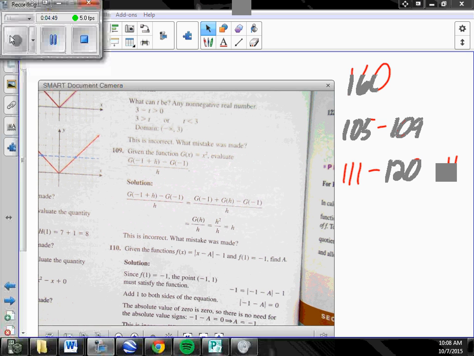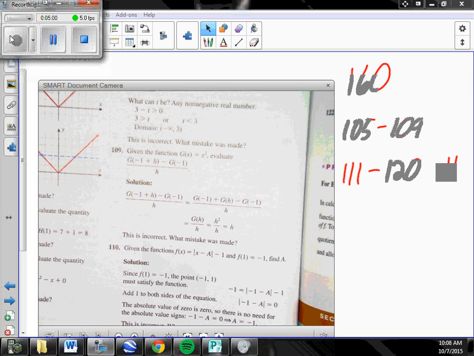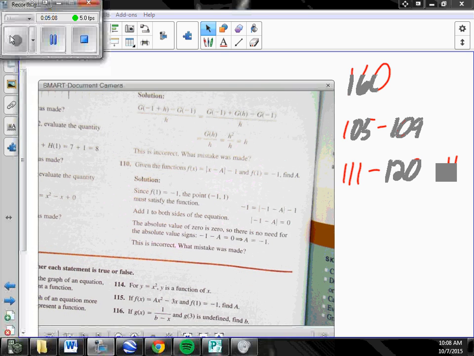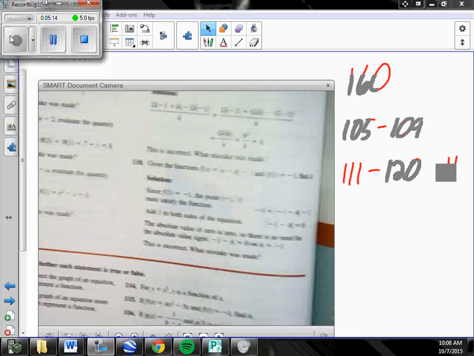What's the mistake on 109? It's the same mistake they made on 107. You cannot split g of negative 1 plus h into g of negative 1 and g of h. 110, what's the mistake? Oh, you didn't have to do 110. Sorry.